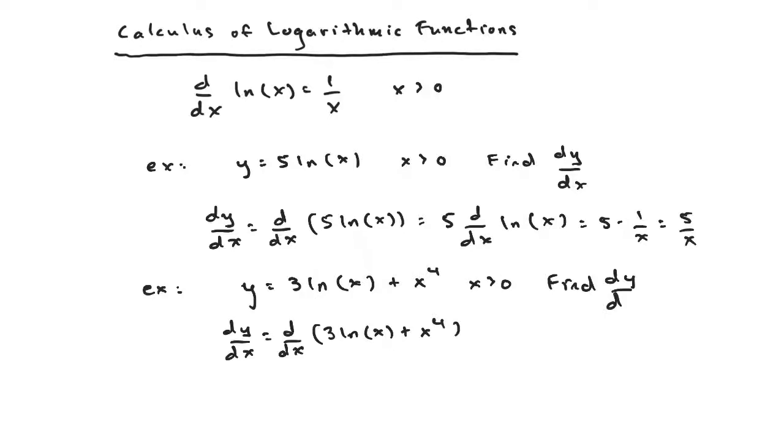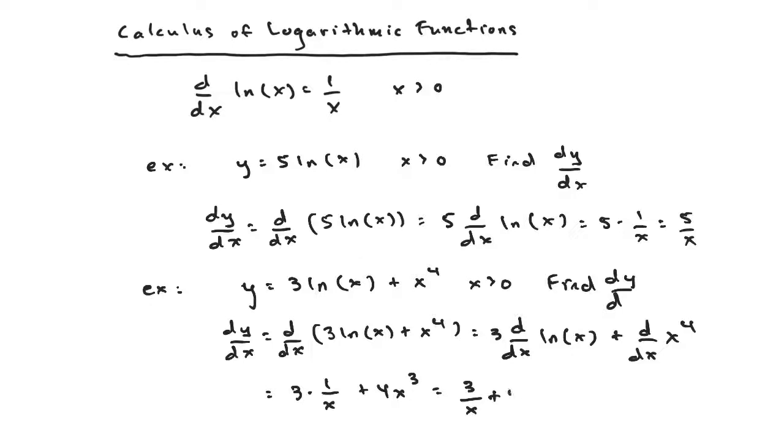Then we can apply the sum difference rule and the constant multiplier rule to say that this is 3 times d dx of the natural log of x plus d dx of x to the 4th. This is equal to 3 times 1 over x, plus d dx of x to the 4th, which is 4x cubed. So we can write this as 3 over x plus 4x cubed.